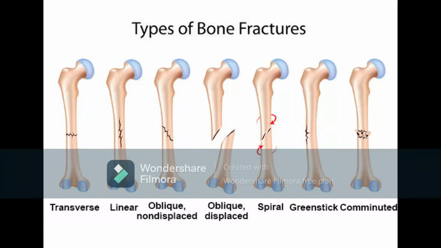So anytime you have a fracture, I told you we fix it four ways. The traction is a form of alignment. After the traction, we can put a cast. Do you understand?